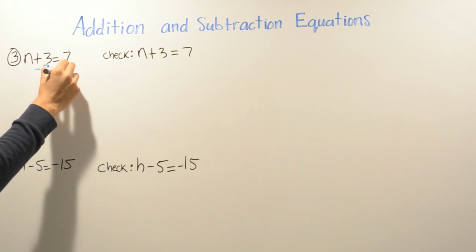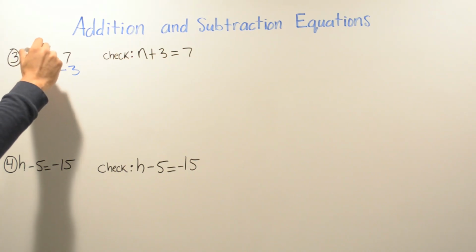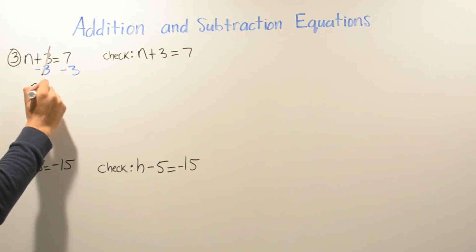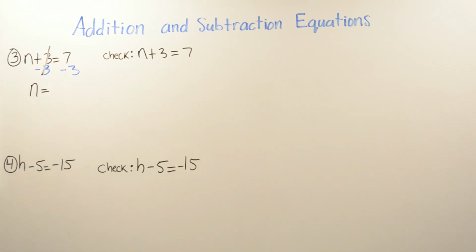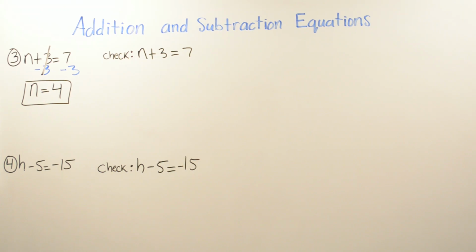So positive 3 on this side as well. Then you cancel that, and it's going to leave you with n by itself. So now you have n equals 7 plus 3, and when you have two of the same signs, you're always going to add. So 7 plus 3 is 10. So your answer is n equals 10.